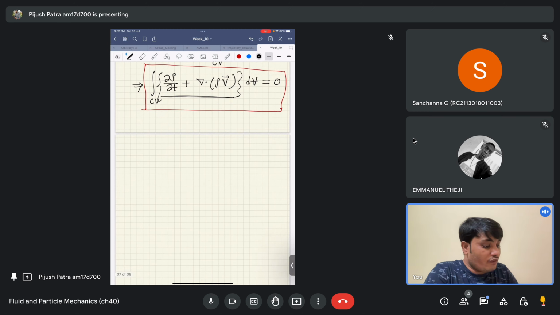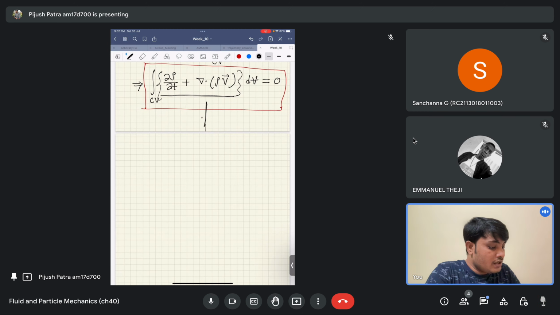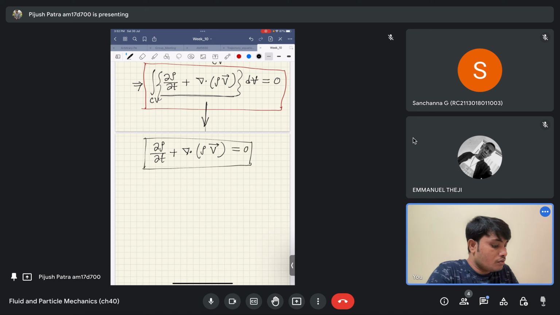That means from here I can directly write that dou rho by dou t plus divergence of rho v is equal to 0. This is the continuity equation, you know, right? Am I right? Okay, so this is the continuity equation.